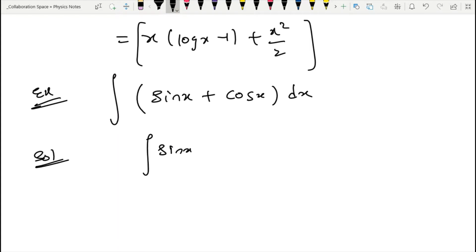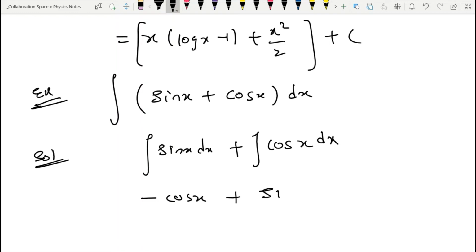Integration of sin x dx plus integration of cos x dx. Integration of sin x is minus cos x. Integration of cos x is sin x plus c. So this is the answer for the problem.